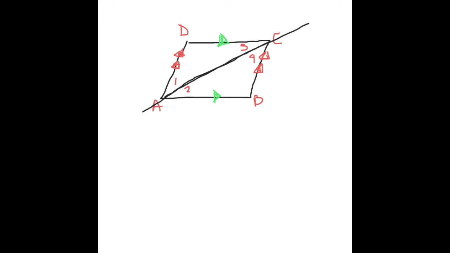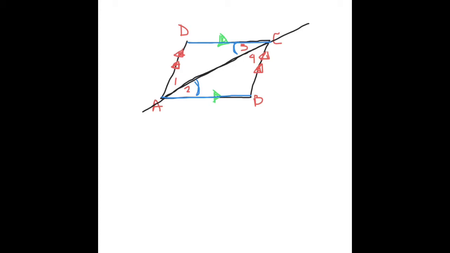But I know from lessons that you should have done, when you have parallel lines cut by a transversal, that if I have a pair of parallel lines, we'll say this and this, cut by a transversal, then angle 3 and angle 2 are congruent to each other.